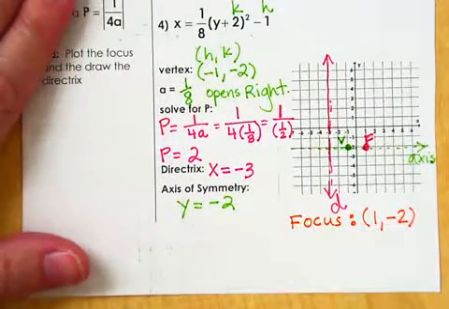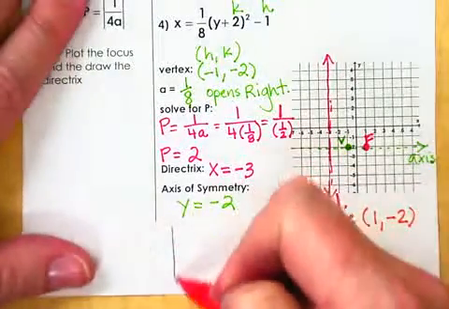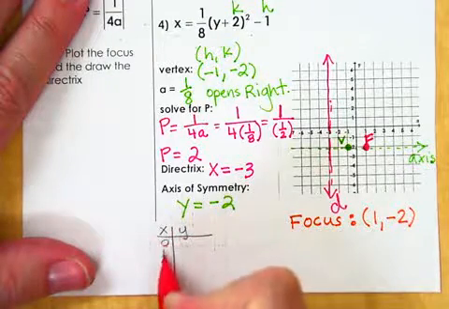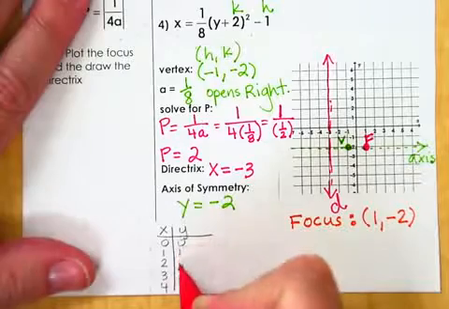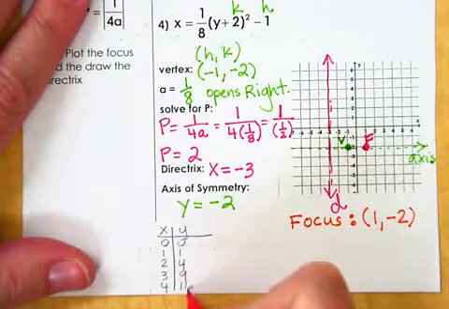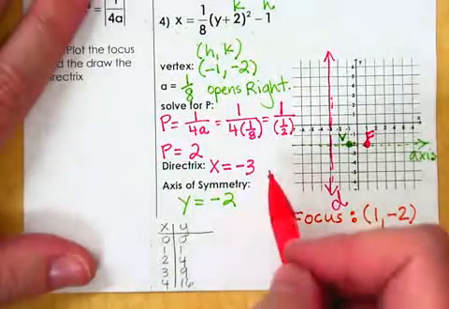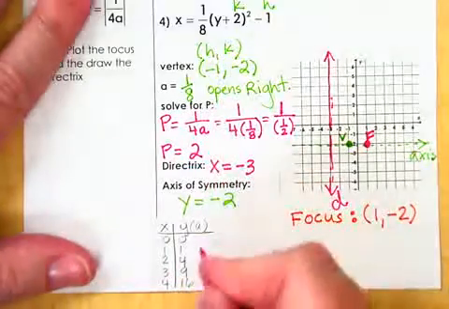Now, to finish graphing the parabola, I need to make a table. So let's go back to our parent function: x is 0, 1, 2, 3, 4, and y is 0, 1, 4, 9, and 16. And then we're going to multiply each of those by my a value, which is 1/8.